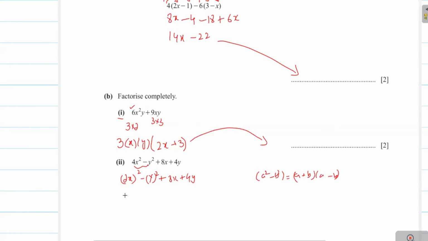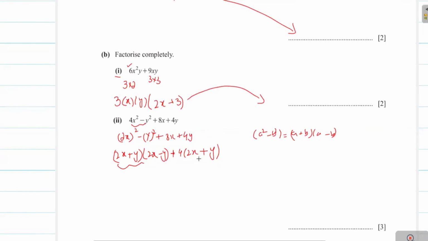Now we can write it as 2x plus y into 2x minus y, and plus 8x plus 4y. 4 is a common factor, we write 4 into 2x plus y. Now 2x plus y is in both terms, therefore we take 2x plus y as a common. The remaining expression becomes 2x minus y plus 4, and this is the factorization of this part.